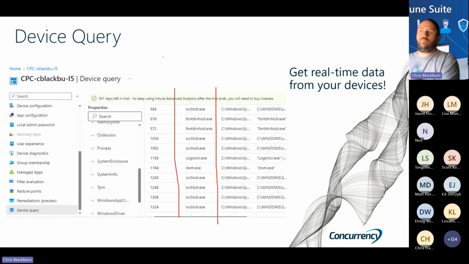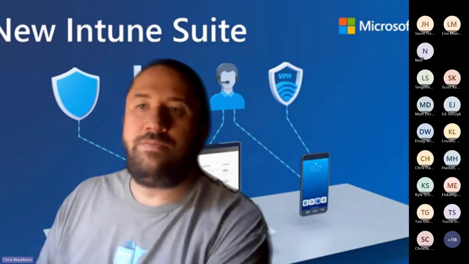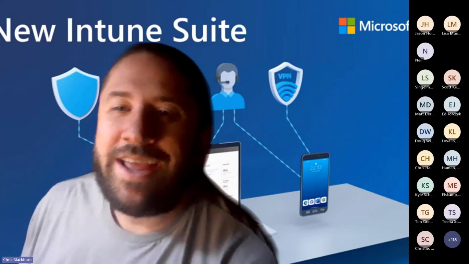This essentially brings that capability right into the Intune portal to run commands, and there's quite a few of them you can run, from system info to processes, et cetera.